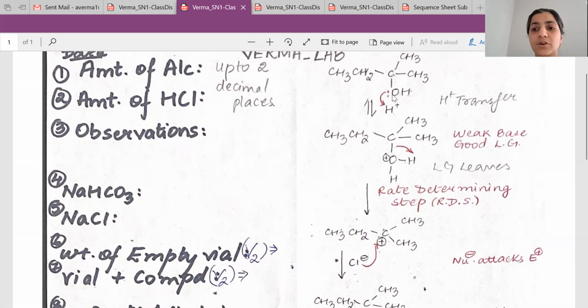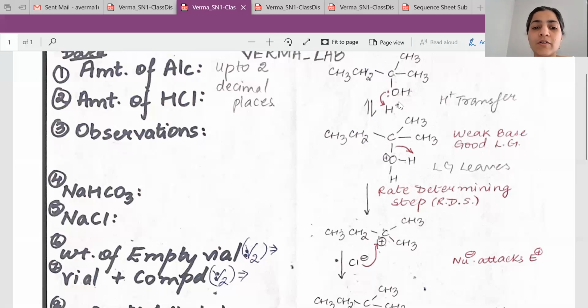What defines a good leaving group? A weak base is a good leaving group. So OH being a strong base is a bad leaving group. So the first step is to protonate this OH by a proton transfer to make it a good leaving group.